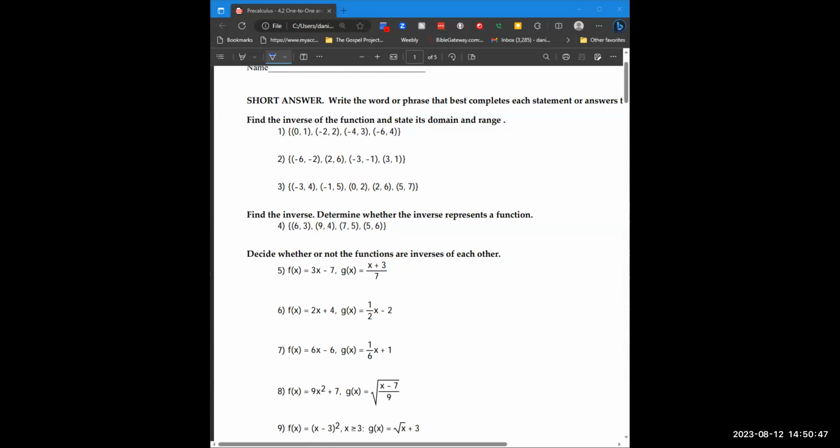And my domain of my inverse function is going to be 4, 5, 2, 6, 7. My range of my inverse function is going to be -3, -1, 0, 2, and 5.